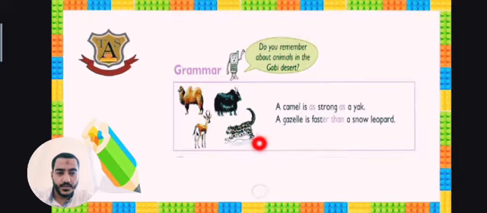So this is also a comparison between a gazelle and the snow leopard. Which one is faster than the other one? So this lesson is talking about the comparison, the comparative adjectives.